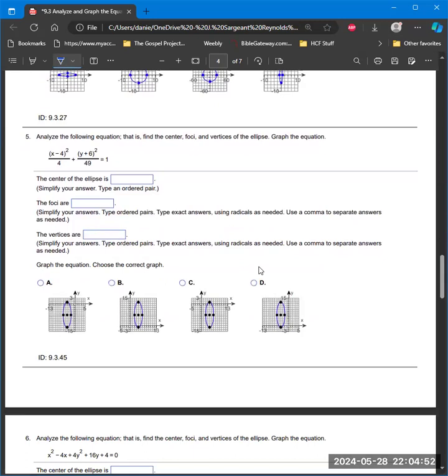The center here is 4, -6. 4 makes this set of parentheses with the x, 0. -6 makes this set of parentheses with the y, 0. Foci are going to be at the square root of 49 minus 4, the square root of 45, which is 3√5. So that needs to go in the y direction. So 4, -6 minus 3√5, and then 4, -6 plus 3√5.